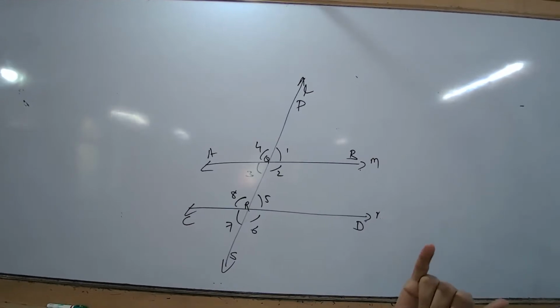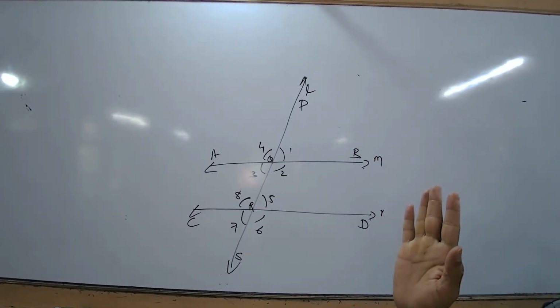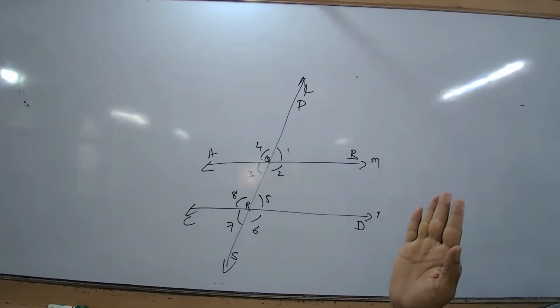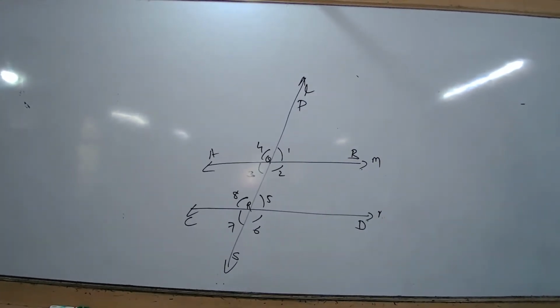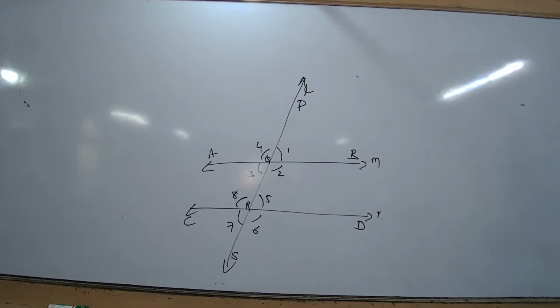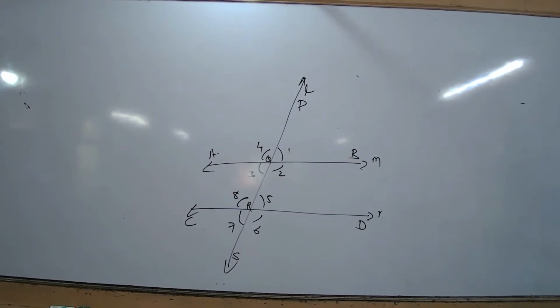Now, we spoke about 3 sets of angles. Stand up. Tell me the corresponding angles. 2 and 6. What is the property of the corresponding angles?